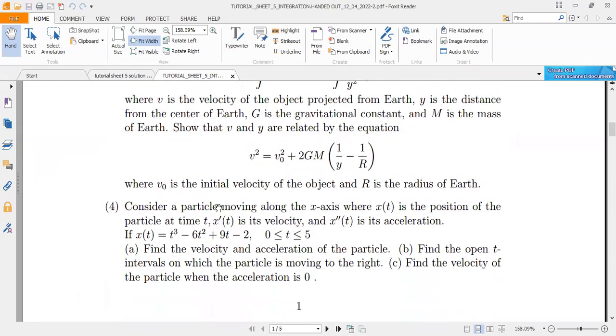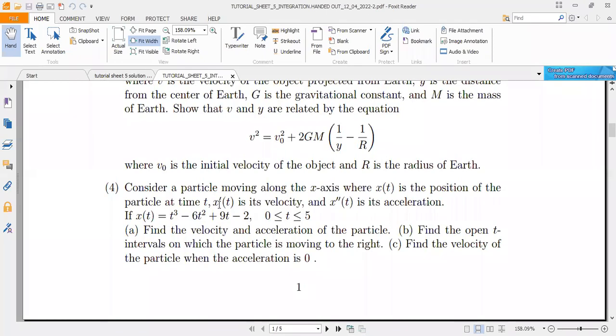Consider a particle moving along the x-axis where x(t) is the position of the particle at time t, x prime t is its velocity and x double prime t is its acceleration. If x(t) is equal to t cubed minus 6t squared plus 9t minus 2, with the interval 0 less than or equal to t less than or equal to 5, find the velocity and acceleration of the particle.